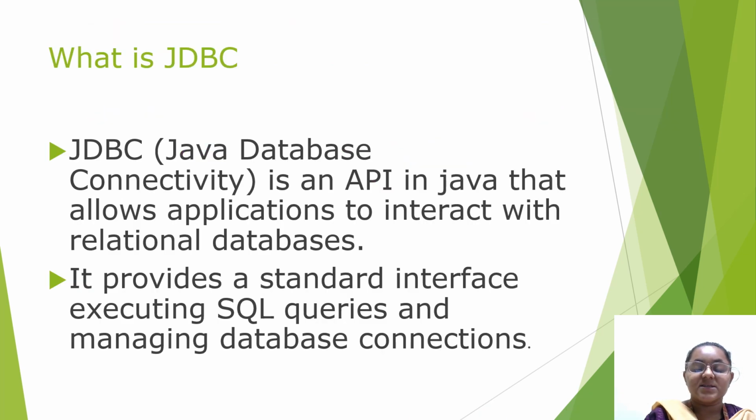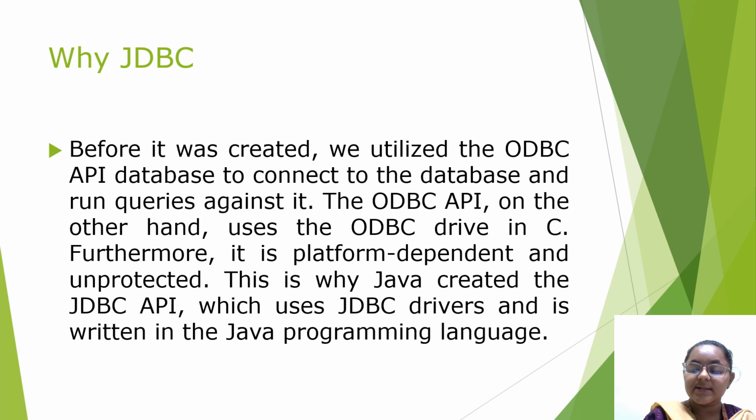What is JDBC? Java Database Connectivity is an API in Java that allows applications to interact with the relational databases. It provides a standard interface for executing SQL queries and managing database connections. Before it was created, we utilized the ODBC API to connect to the databases and run queries against it.